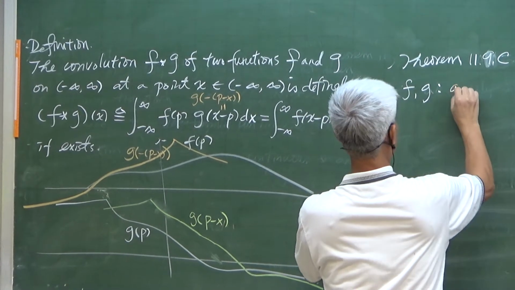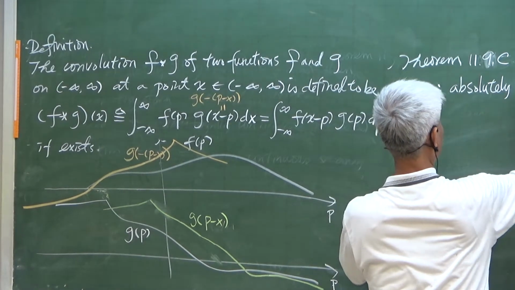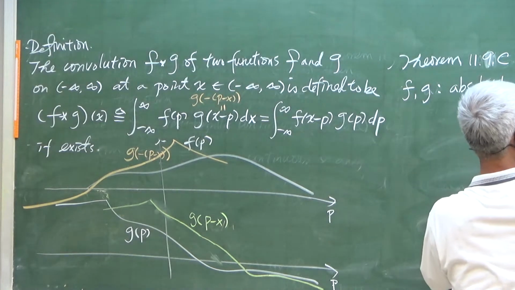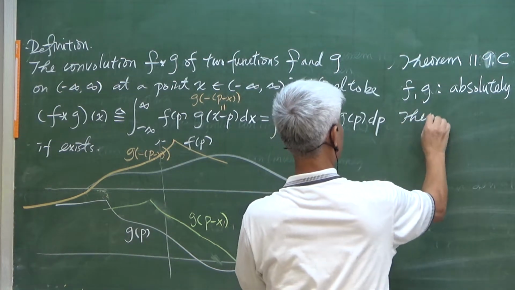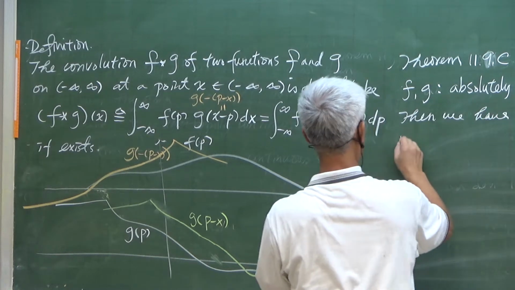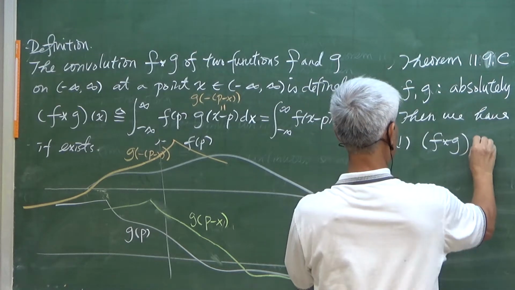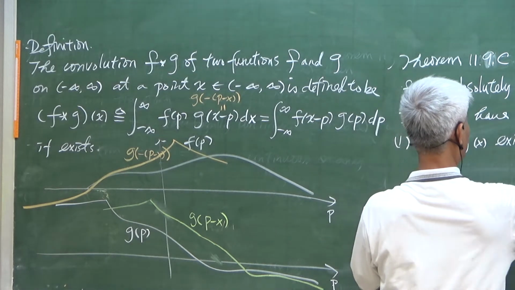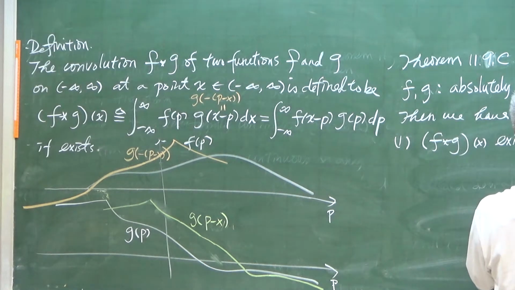So if f and g are absolutely integrable on the whole real line, suppose that, then first, the convolution exists for almost all points in the real line.